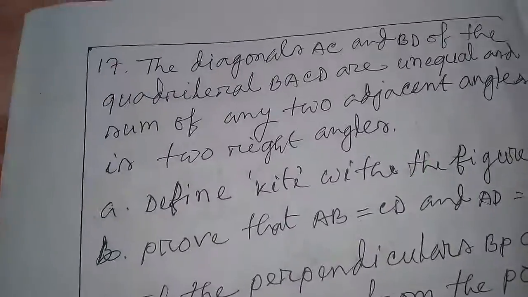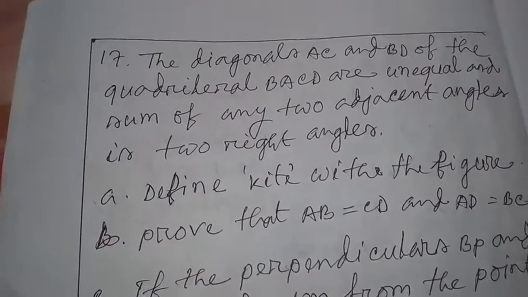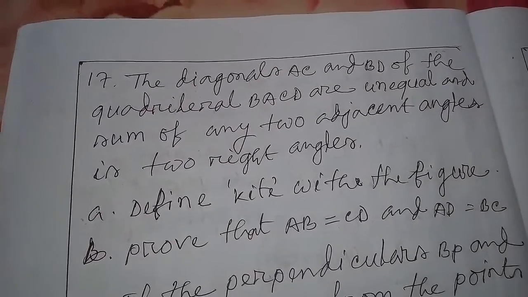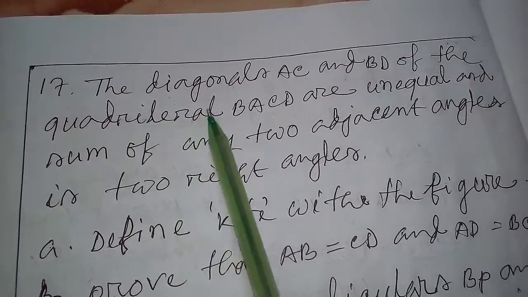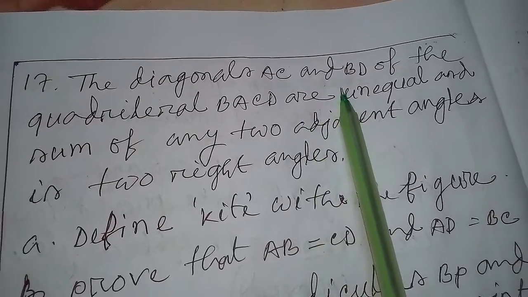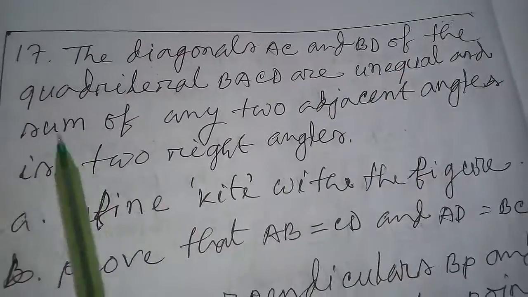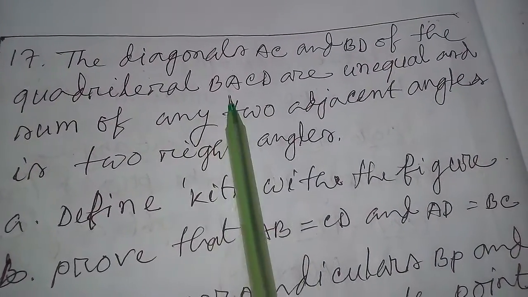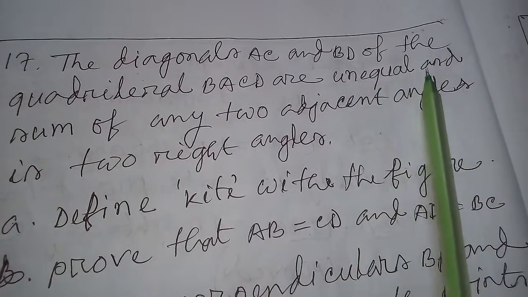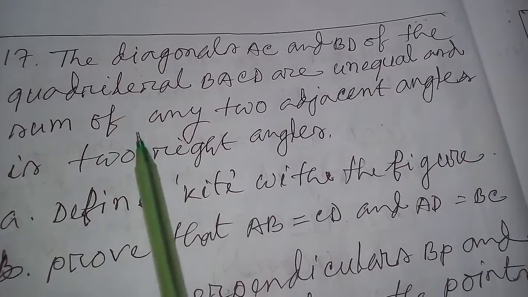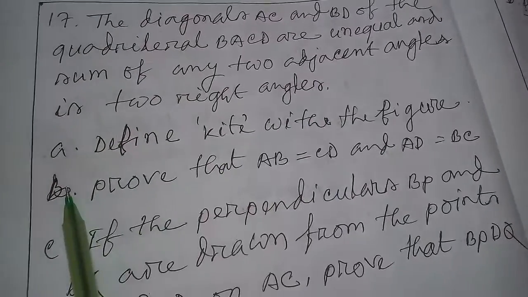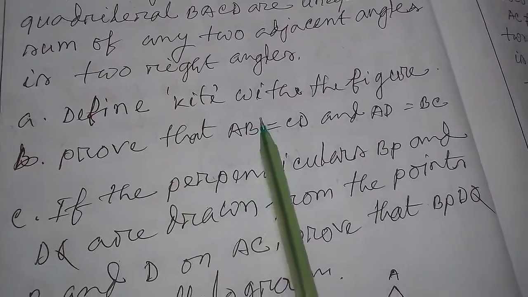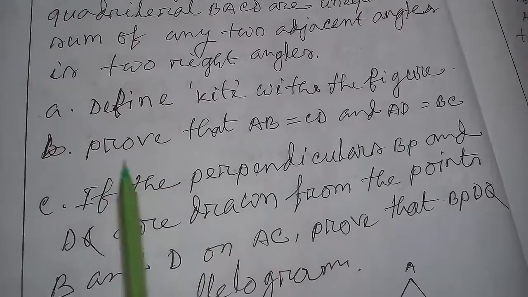Sixteen, seventeen question. These two questions we take from the exercise. The diagonals AC and BD of the quadrilateral ABCD are unequal, and the sum of any two adjacent angles is two right angles. A: define kite with a figure.